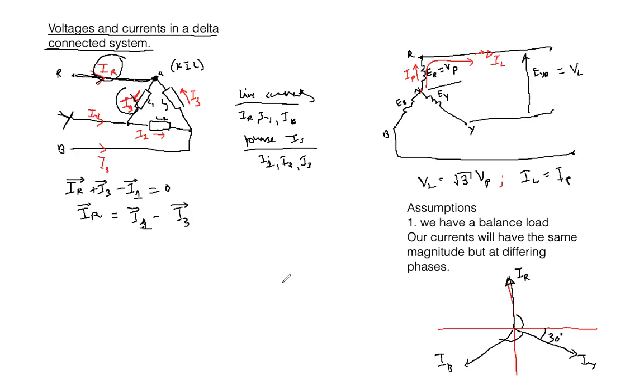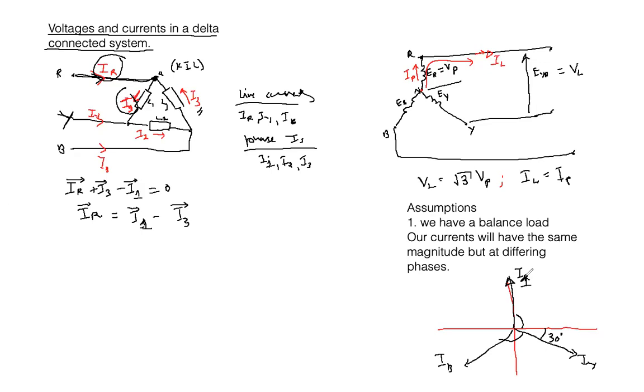Now this is correct. Our phase currents are supposed to be the ones that are here. So in this phase 1, I'm going to have I1 there.